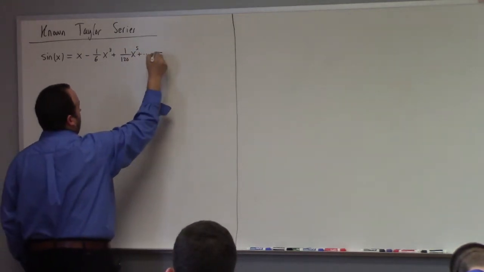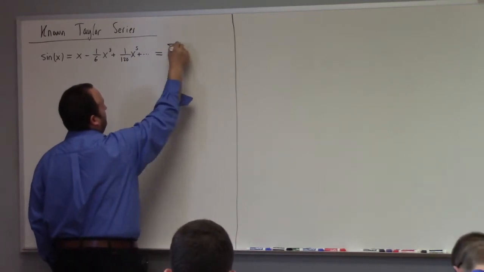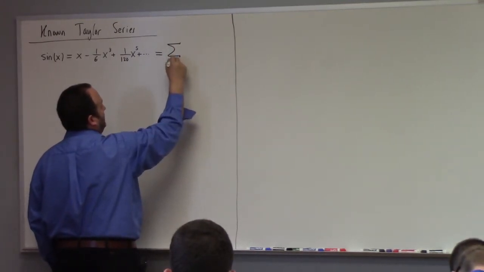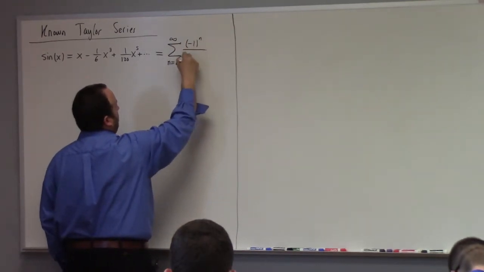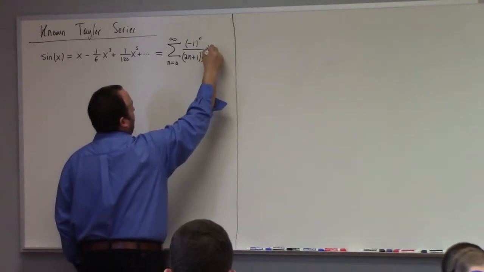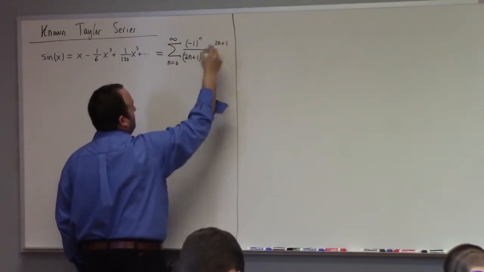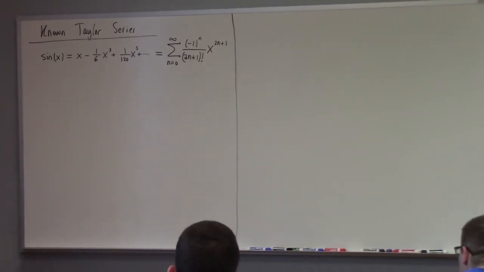This is elegantly summarized as the sum n equals 0 to infinity of minus 1 to the n divided by (2n plus 1) factorial times x to the power 2n plus 1. This is the so-called Maclaurin expansion, if you like. It's the expansion of sine x about 0.